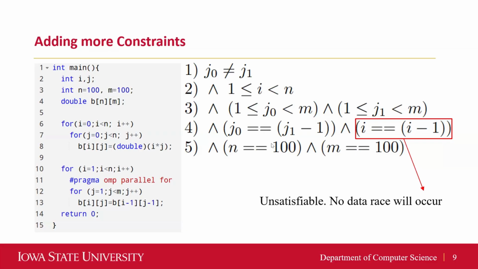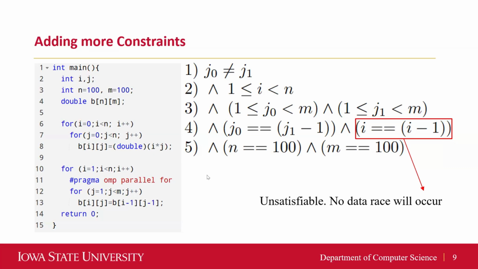And in the fourth row, this is a constraint to check whether the index of the write matches with the index of the read. So we require that the columns of B need to match, and also the rows of B need to match.